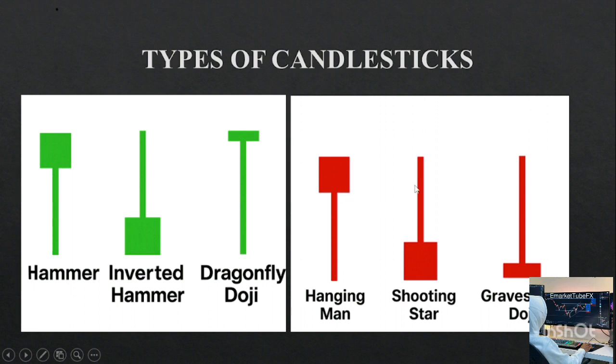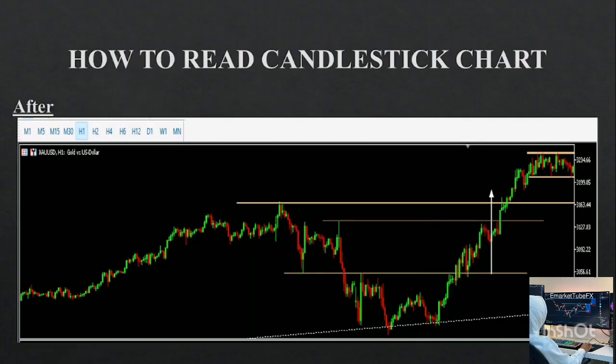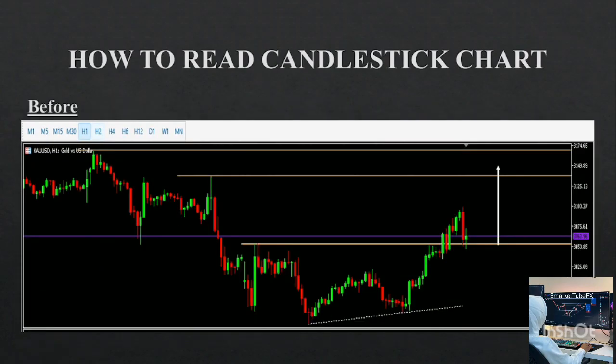So whenever you see a long wick, it represents rejection. And that's what led me to win this trade. Rejection at key level.